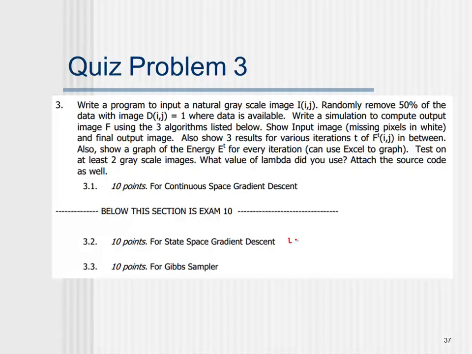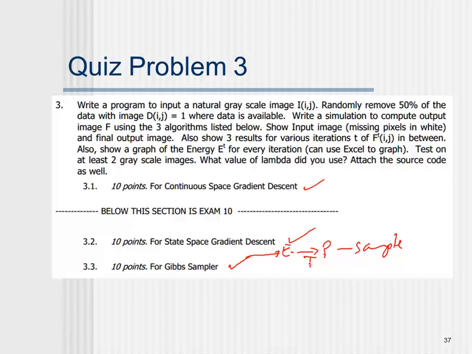You know how to do state space, it's much easier than this, but it's the same thing. You're greedy, and then you implement the Gibbs sampler, where you convert the E to probability, and you sample from this. The conversion from E to P will depend on temperature.